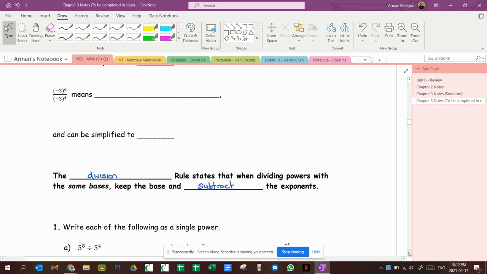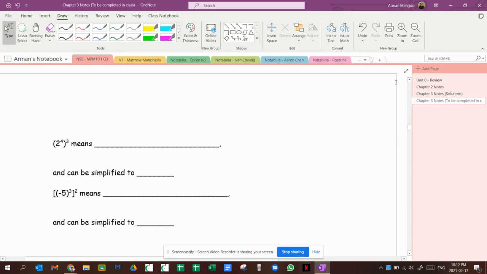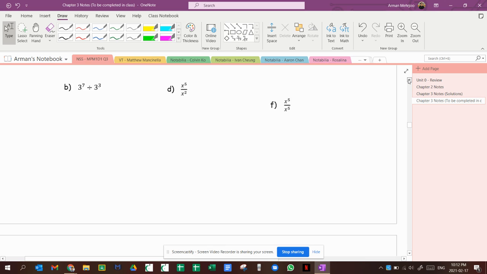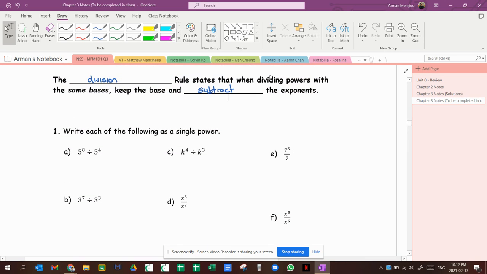So let's do some examples together. This time, your mental checklist is going to be: do I have the same base? Check. Are they dividing? Check. So now I can actually keep my base and subtract my exponents.